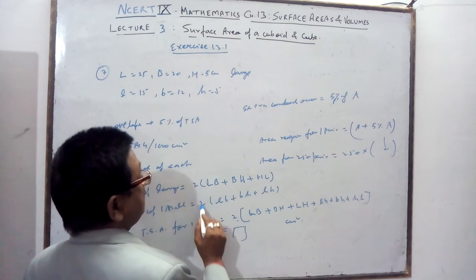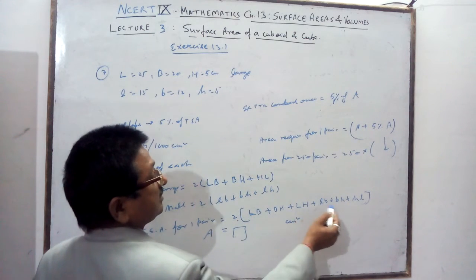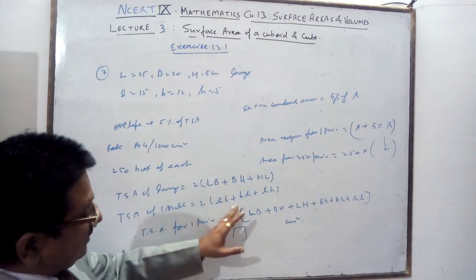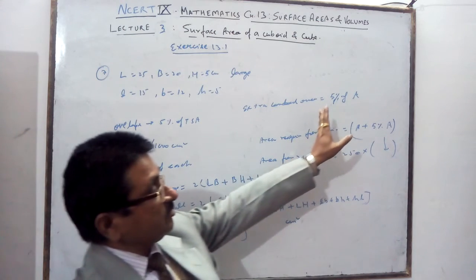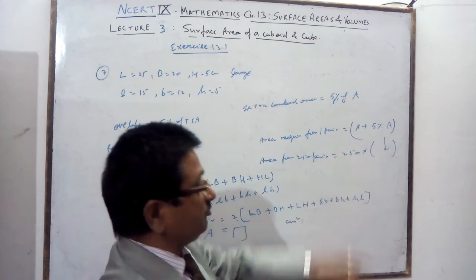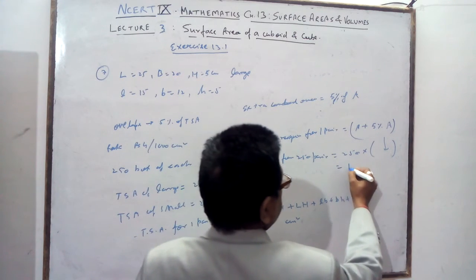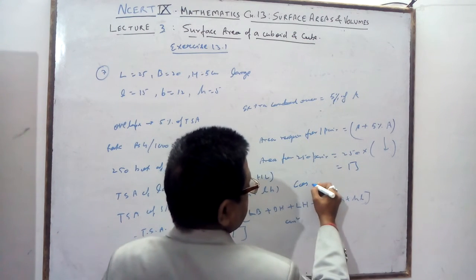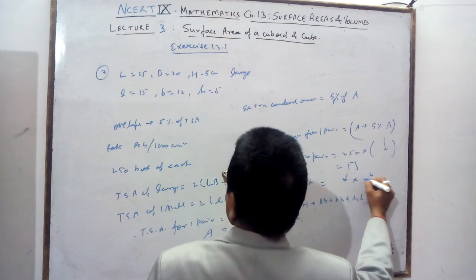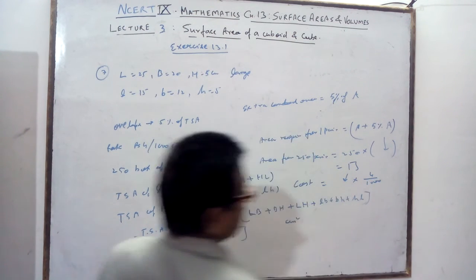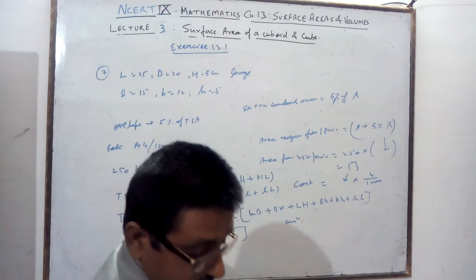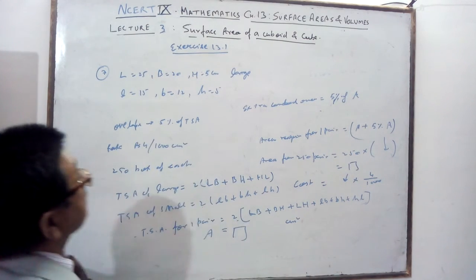Why twice? Because 2 is common in both. So calculate LB, BH, LH for the large and the small separately, add and double it. Calculate 5% and add it, then you get one pair, multiplied by 250. It is your total area, and then the cost will be this multiplied by the rate. The rate is given as 4 upon 1000. You will write this and you get your answer. What is the cost? Very simple.